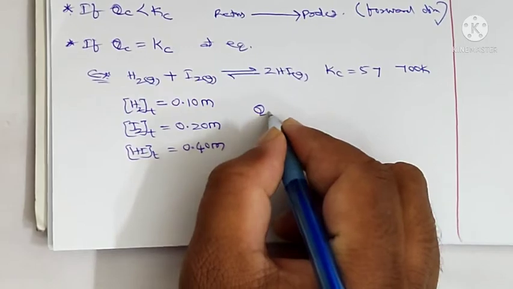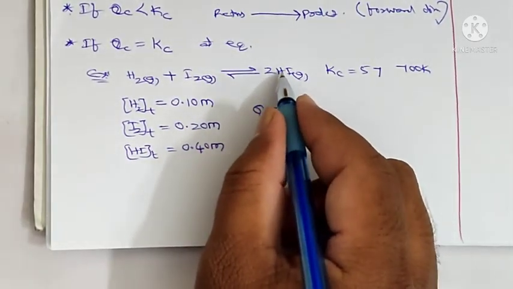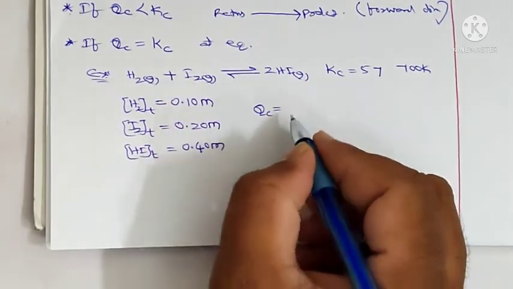So here Qc is equal to the concentration of products divided by the concentration of reactants.